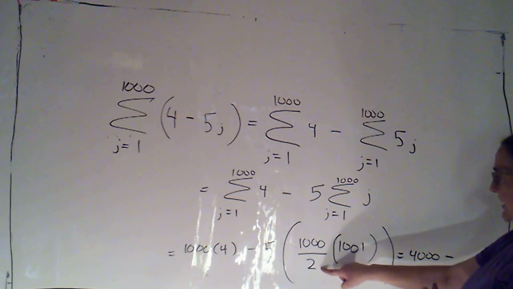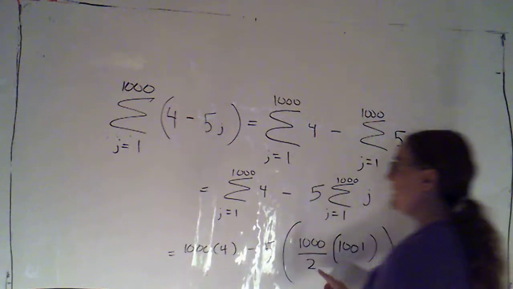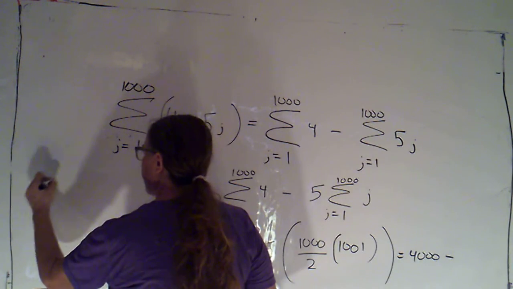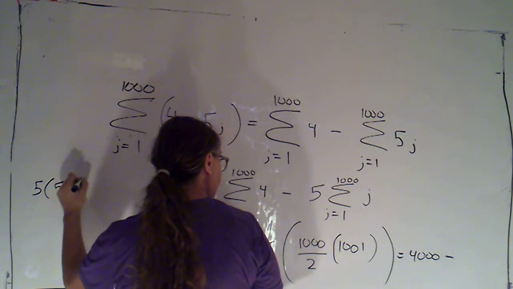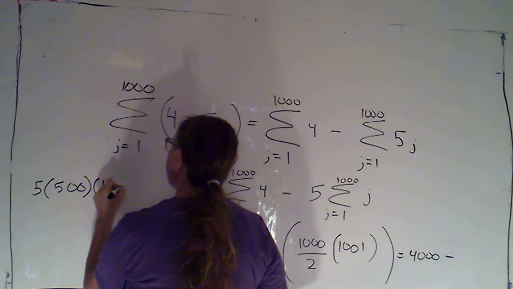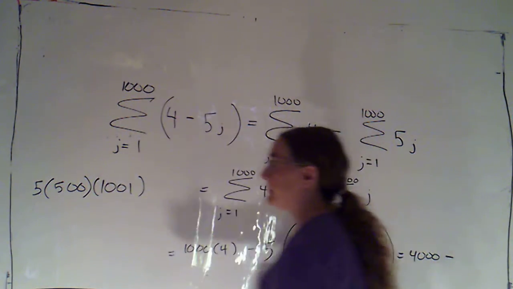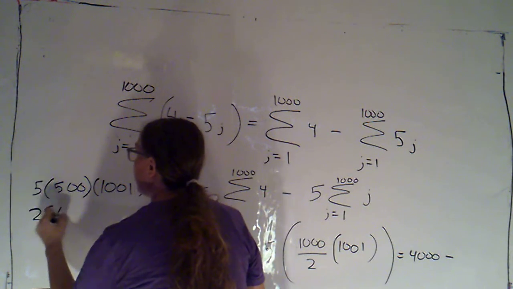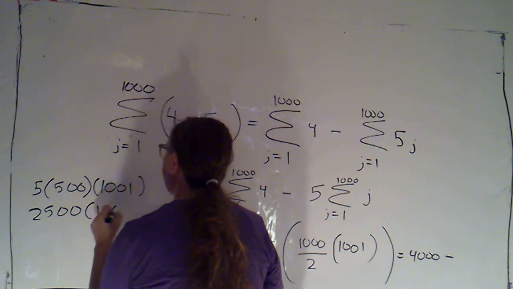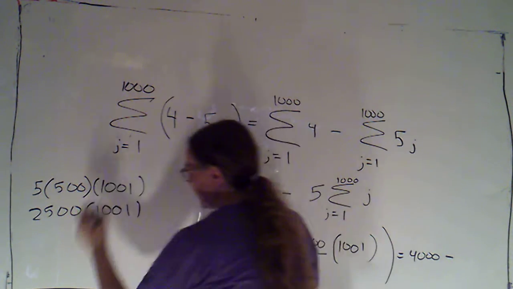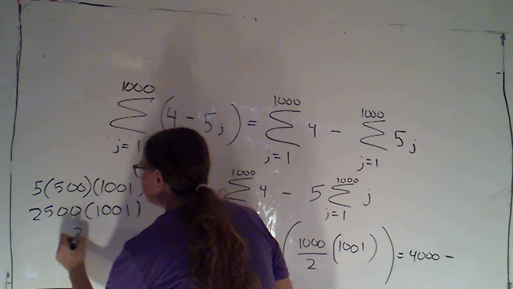Now, 1,000 divided by 2 is just 500. Okay. So I'm going to work this out off to the side. We're going to have 5 times 500 times 1,001. That's 2,500 times 1,001. Let's just write that out.